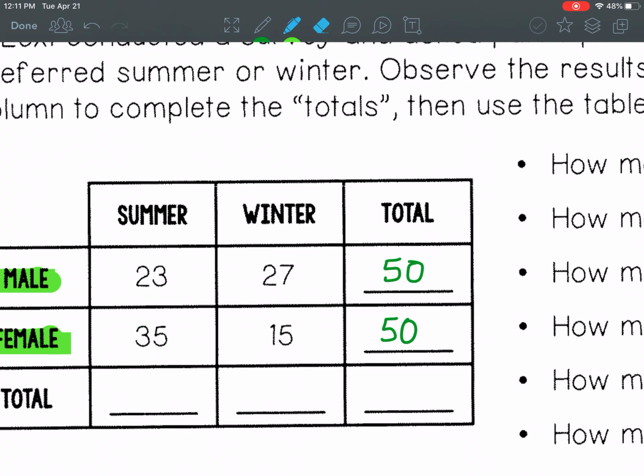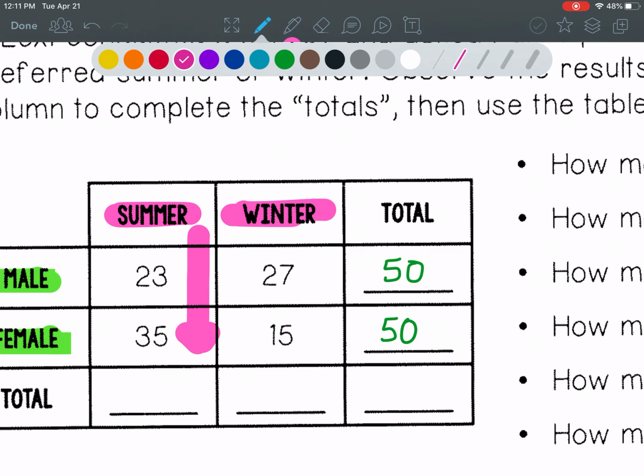Okay, now we can look at it a different way. And let me change my colors here. And we can look at it by columns or vertically. So if we go down this way, 23 plus 35, that's going to give us the number of people that said that summer was their favorite.